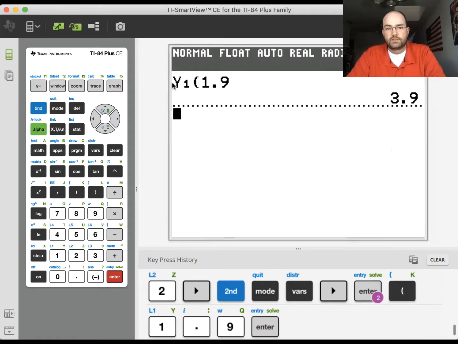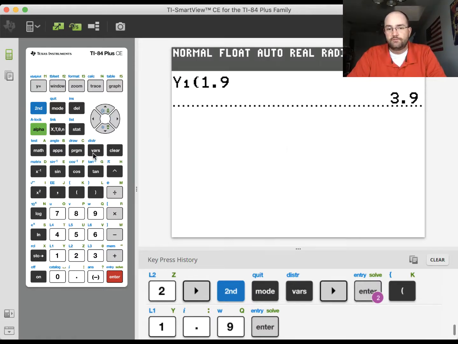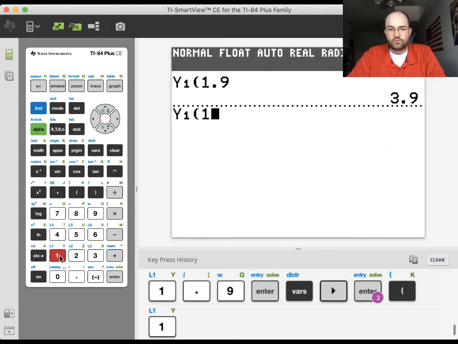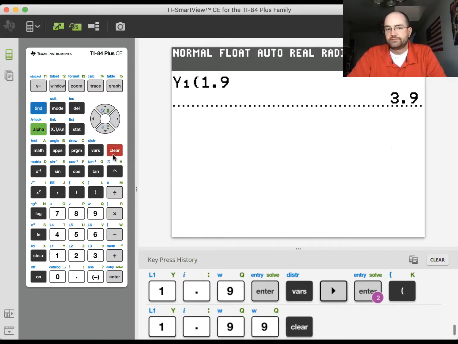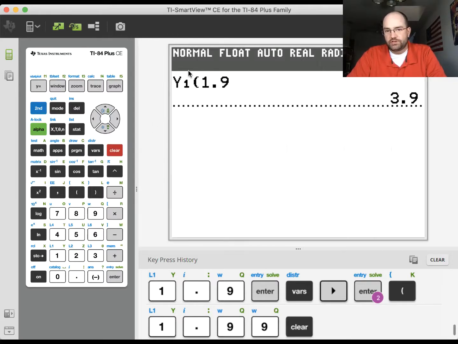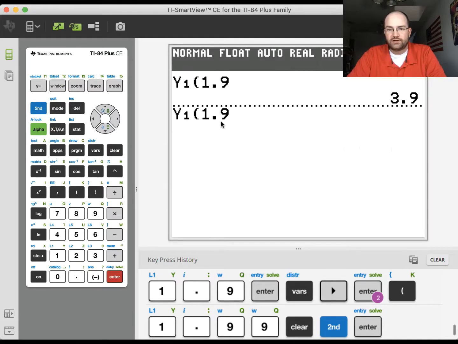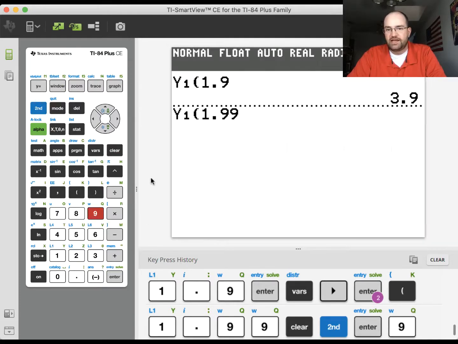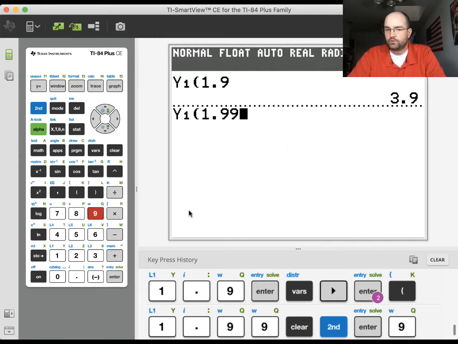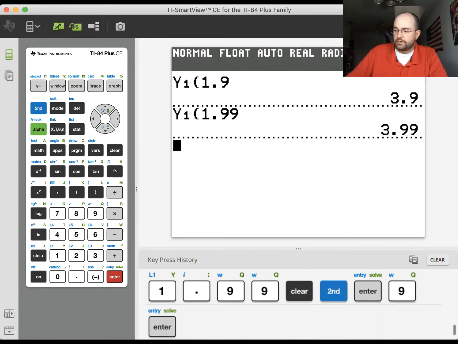Awesome. Let's do this again. We could do vars, right 1, enter, enter, and then open a parentheses, 1.99. Nothing wrong with that. But let me show you something else. Because we already have this written here, if we do second enter, that rewrites it right here, and at the end, I just need to type in a 9 there. So that makes it a little bit quicker. Click enter, and notice that it gives us 3.99. So I'm hoping you're starting to see the pattern here.